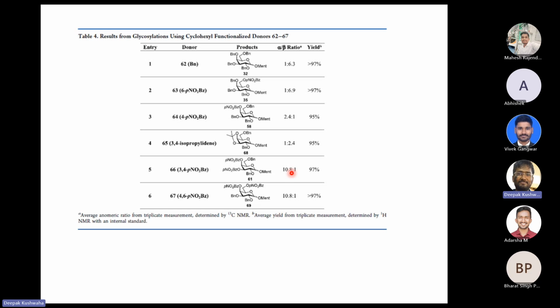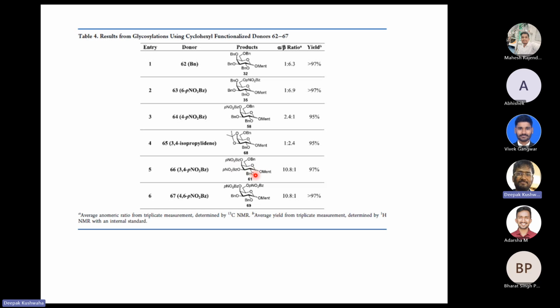For the mechanism, what they have proposed is that they are not sure whether a role of some kind of dioxyuranium intermediate is there or just electronics. For the time being, they believe it is mostly because of the electronics, not because of any cyclic intermediate. As we know, in some cases benzoate can participate.